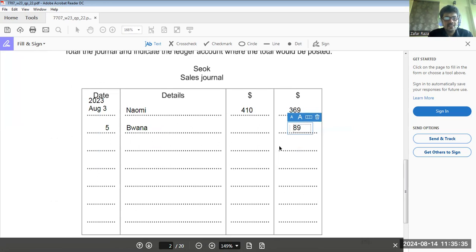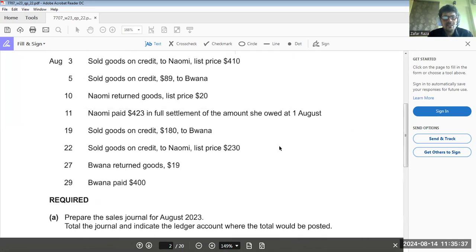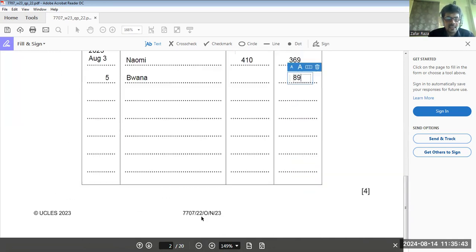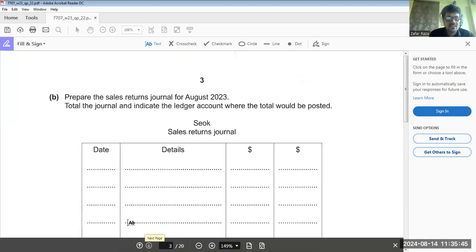Okay. Then Nomi returned goods, list price $20. That is going to be reported in the sales return journal. And I think they have asked for the sales return journal also. Yes, here it is. So this transaction will be entered on 2023, August 10.